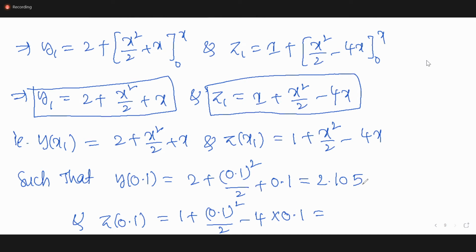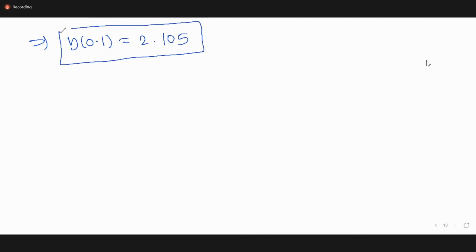Z of 0.1? 0.605. Very good. So y of 0.1 is equal to 2.105, and z of 0.1 is equal to 0.605.